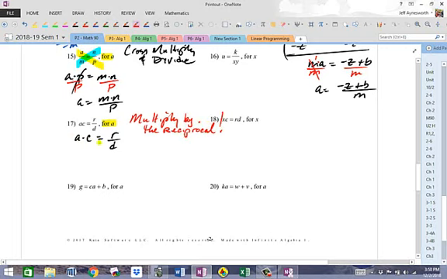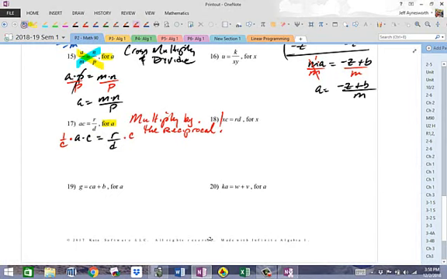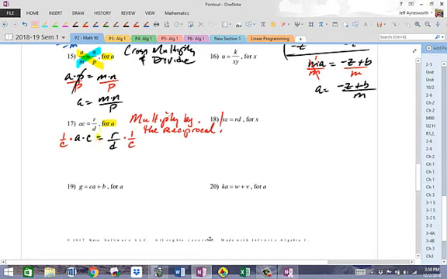Now the reciprocal of C is 1 over C. So if you multiply both sides by 1 divided by C, I multiplied on the left by 1 over C and multiplied on the right by 1 over C. The reciprocal of C is 1 over C, just like the reciprocal of 2 is 1 over 2, or 1/2.